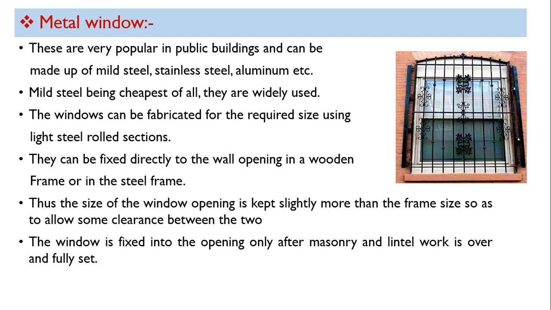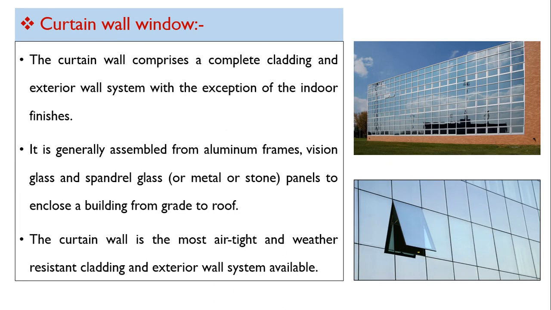Normally, to avoid rusting, erosion, corrosion, and damage in the case of a wooden frame, after setting, a frame is provided in the opening, and then this window or grill is provided. So this is called a metal window.